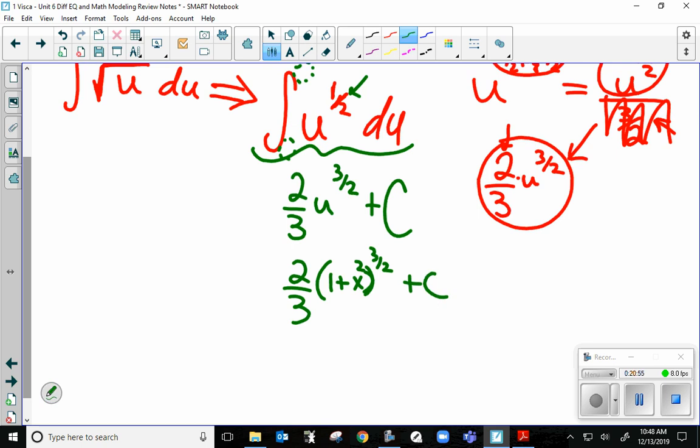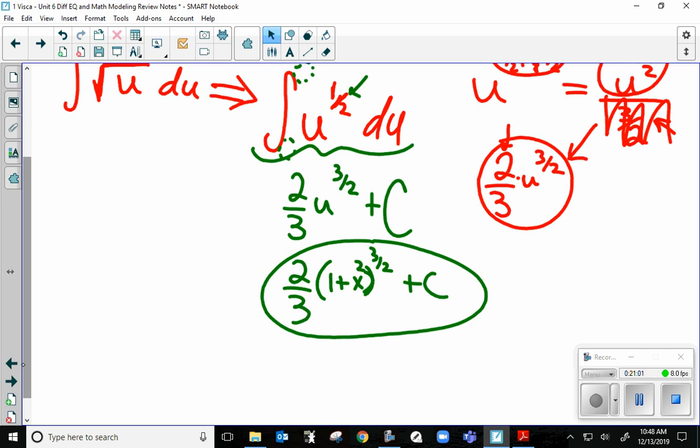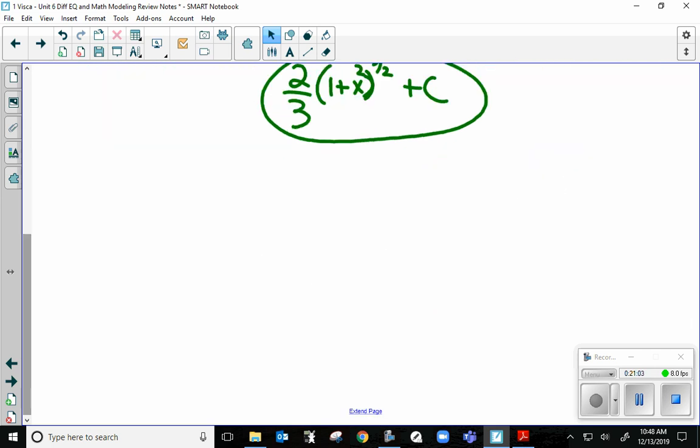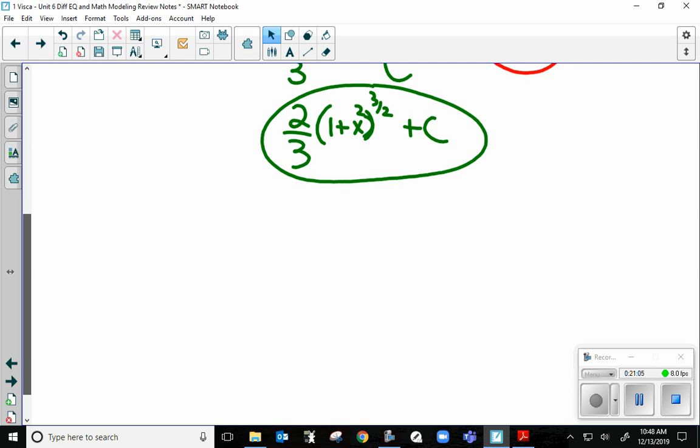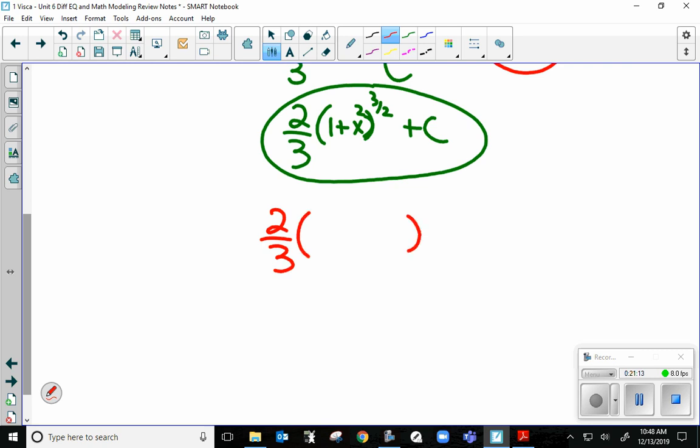Now, this is great. If it's short answer, that's fine. There are multiple ways this could be written if this was a multiple choice problem. First of all, I could turn my fraction exponent back into a radical. So I can have 2 thirds times the radical. Top comes down, right?